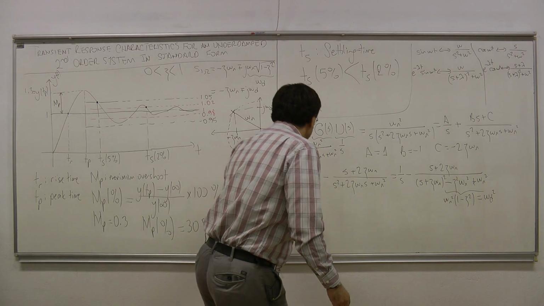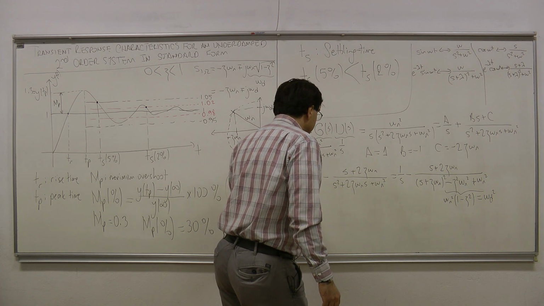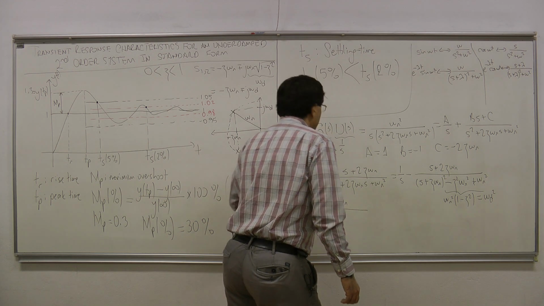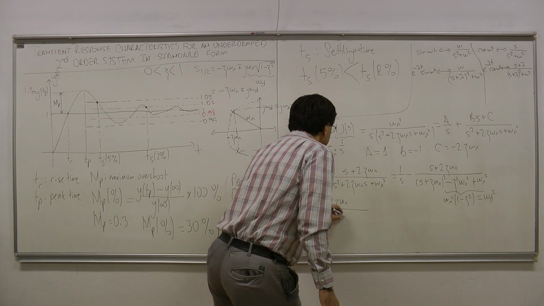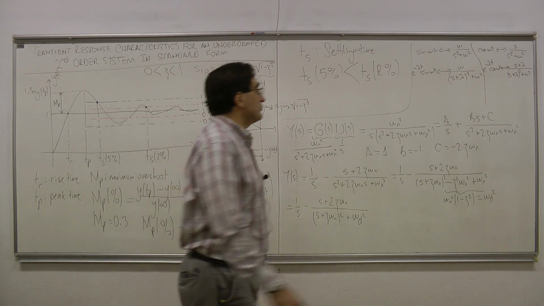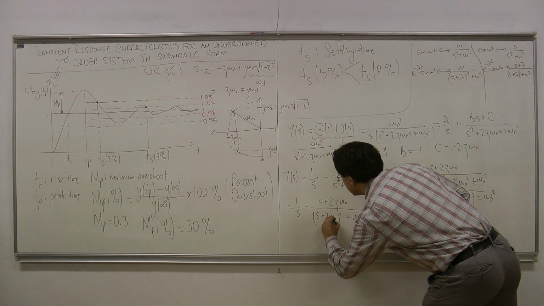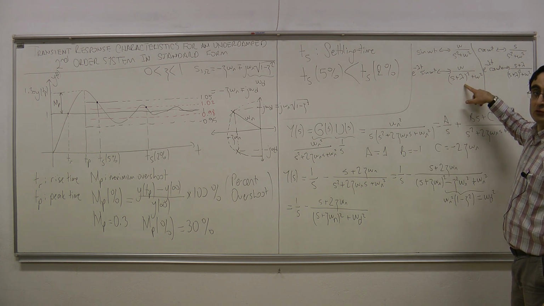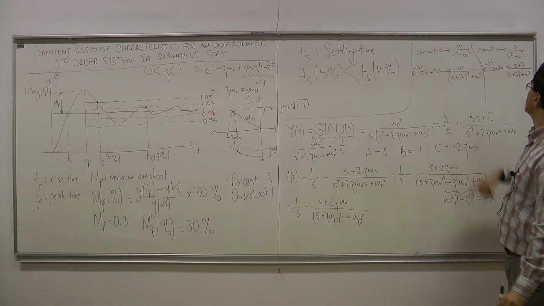So now let me try to write those terms. These are equal to 1 over s minus s plus 2 psi omega n divided by s plus psi omega n square plus omega d square. Okay? Now you see how this denominator is similar to the denominators here in these damped sine and cosine.